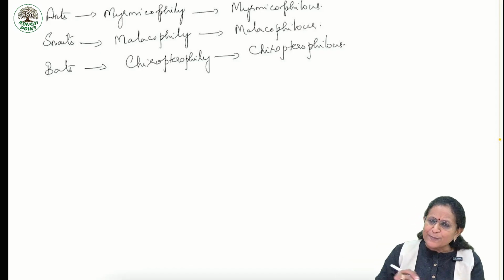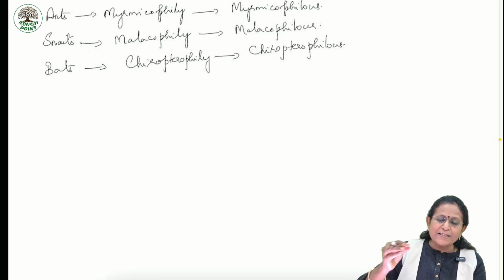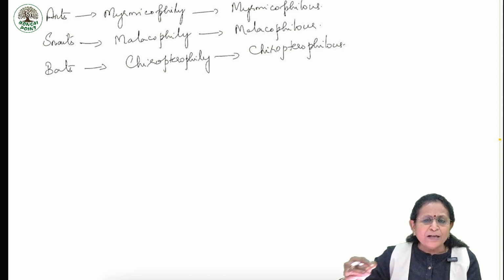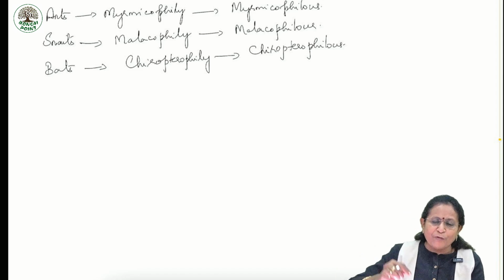Now, when cross-pollination is occurring, the pollen grains are being transferred from one flower to another, that is, from the anther of one flower to the stigma of another flower.